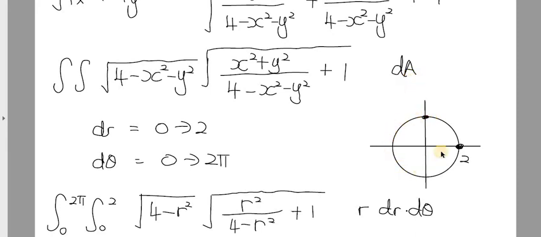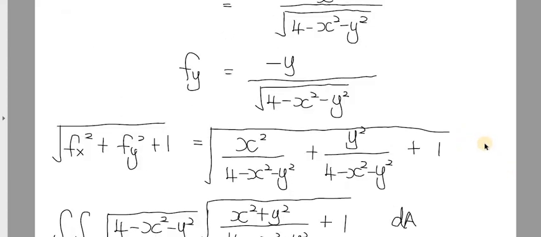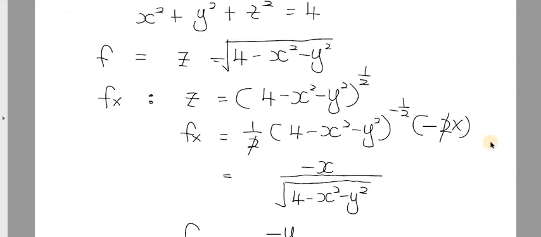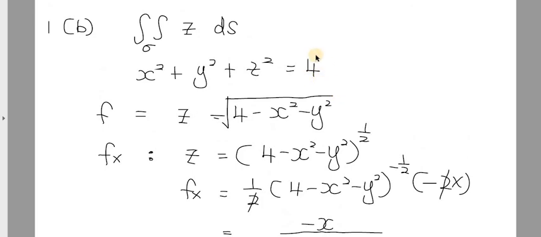For the hemisphere, when we look at the xy projection, we will see a circle. Sorry, the radius of the circle is equivalent to 2.